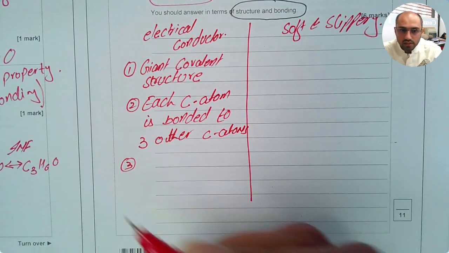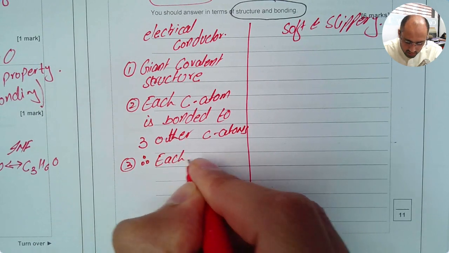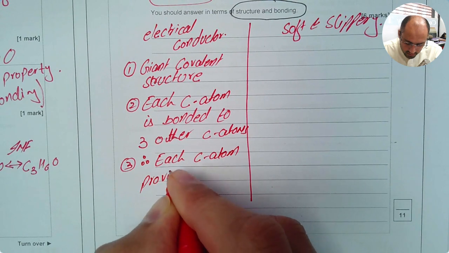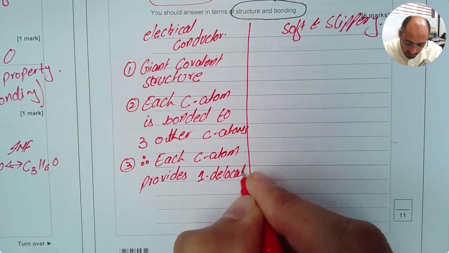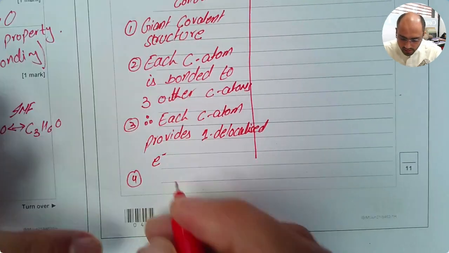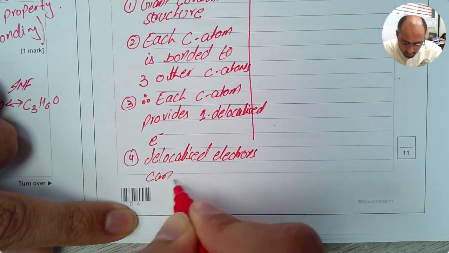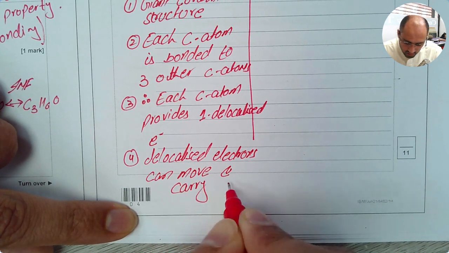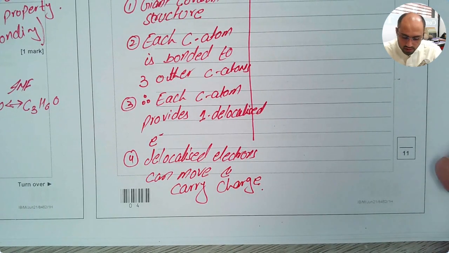Number three, I can say as a result of this, therefore, each C atom provides one delocalized electron. Number four, I can say electrons can move and carry charge, and therefore it is a good conductor of electricity.